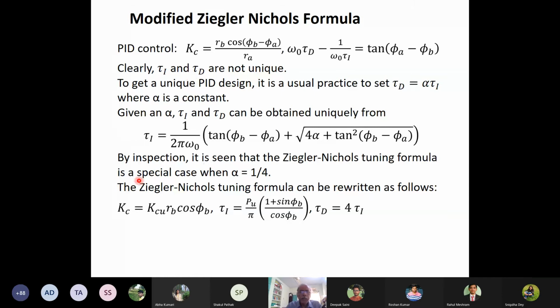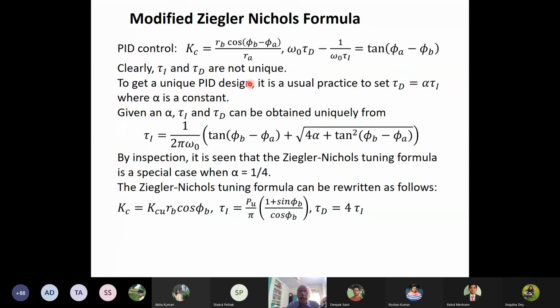The same philosophy is used here to find the Ziegler-Nichols tuning formula for the PID as well as the PI. So this is another way of finding the PI or PID controller parameters.